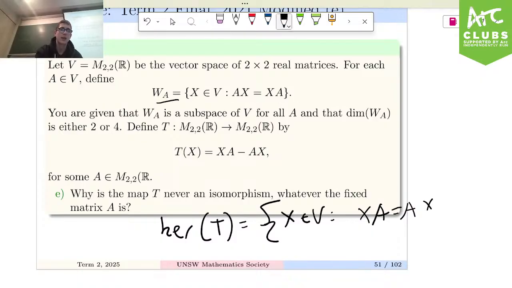So we're saying that WA is exactly the kernel of the linear transformation T. And since we know that WA has dimension either 2 or 4, and there's another theorem we spoke about earlier, that an isomorphism requires the kernel to be just the 0 vector, as in the nullity being 0, we can't have this here because the dimension of the kernel is non-zero. So hopefully you can see how that follows.